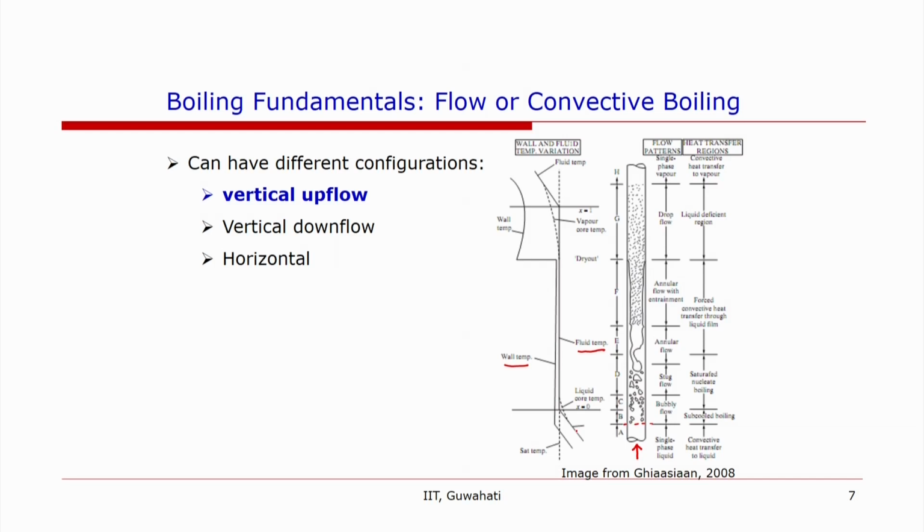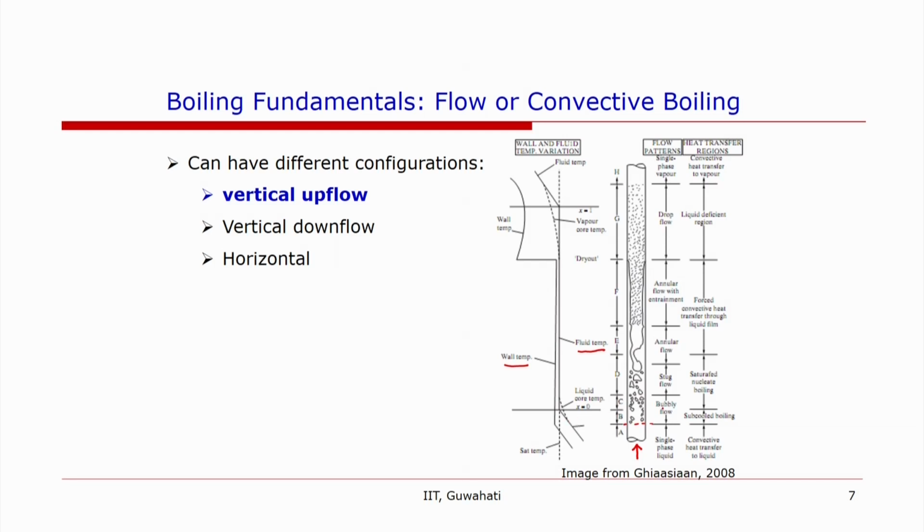Further on, as the temperature near the wall reaches a particular point, slightly above the saturation temperature, the wall temperature becomes constant and bubbles start being generated near the wall. However, the bulk of the liquid is still subcooled.